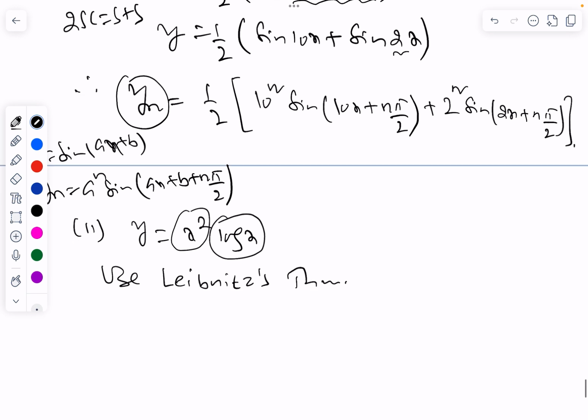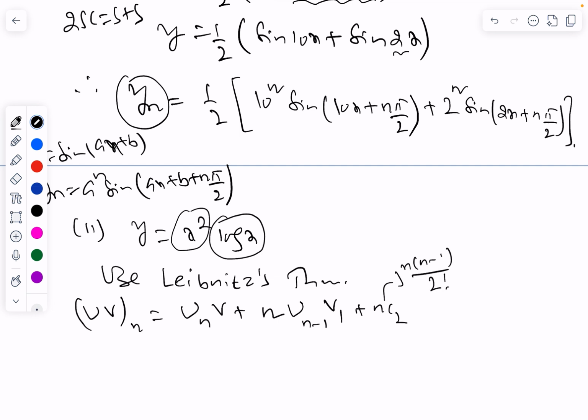What is Leibniz theorem? If you have the product of two functions and its nth derivative, it is u n v plus n times u n minus 1 v1 plus nC2, that means n into n minus 1 by factorial 2, u n minus 2 v2 and so on.